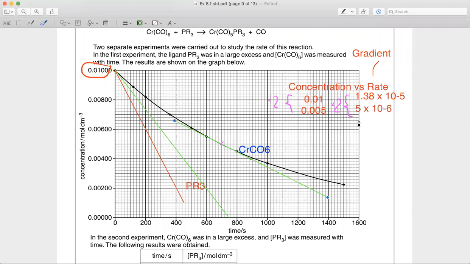How about your initial rate, Shakirin? Is it the same? 1.45 times 10 to the power negative 5.